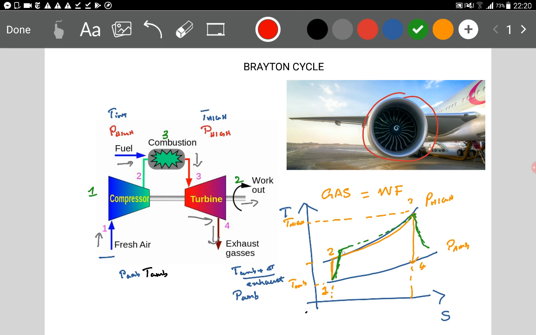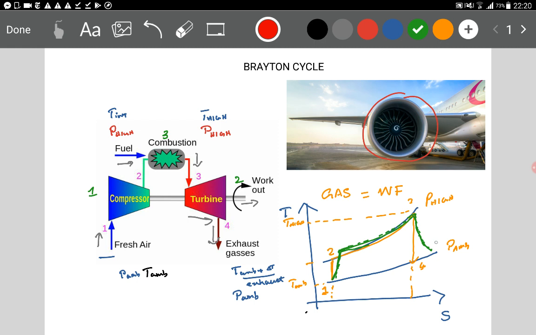So you compress it more at point 2, and then you have the pressure loss which is happening in the combustion chamber, and then you get to point 3. Again at point 3 you don't go straight down, but you go slightly ahead, because it's not an isentropic process.